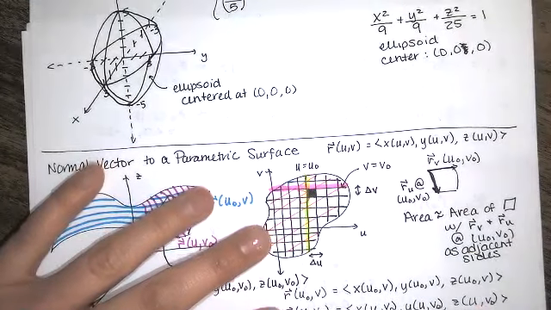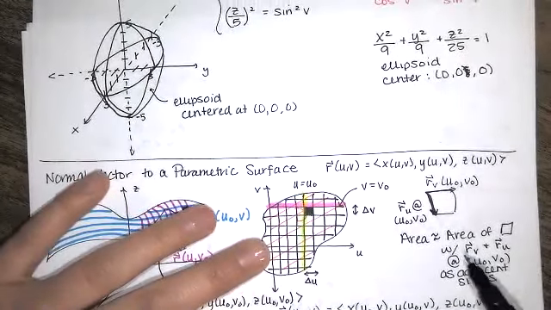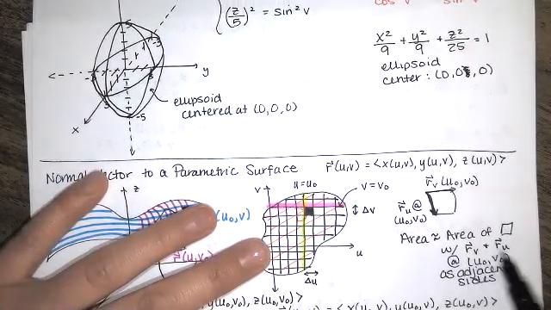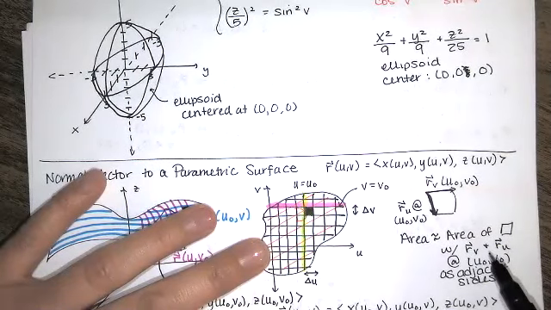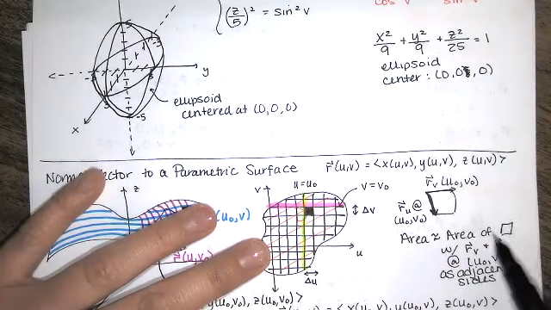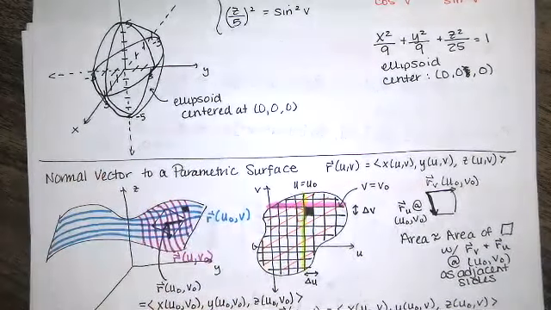And remember from that first chapter, if I want the area of a parallelogram with two vectors as adjacent sides, all I do is take the cross product and then take its magnitude, and that's the area of the parallelogram. So let me write that down. Surface area of one little piece of our surface.